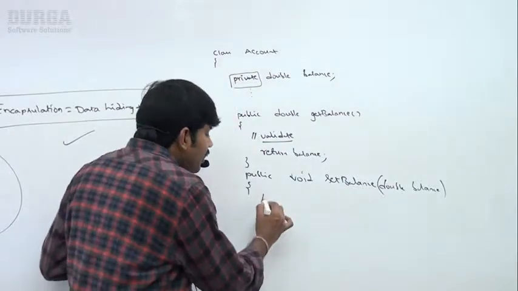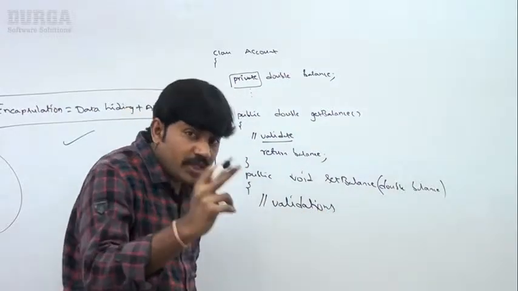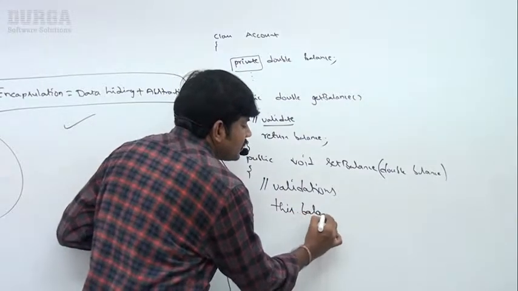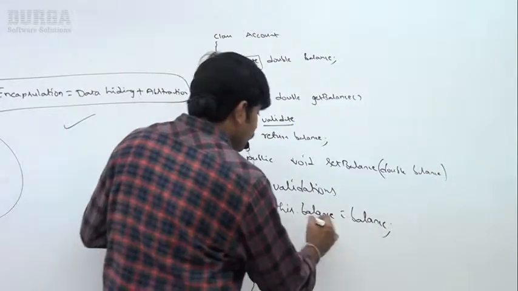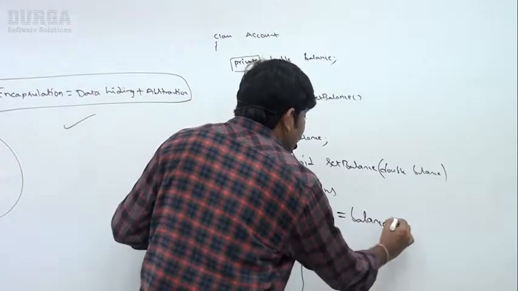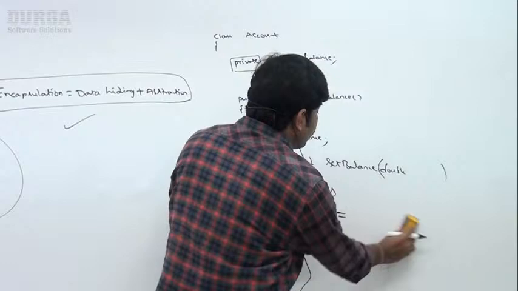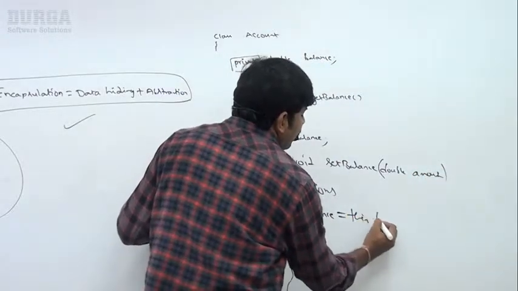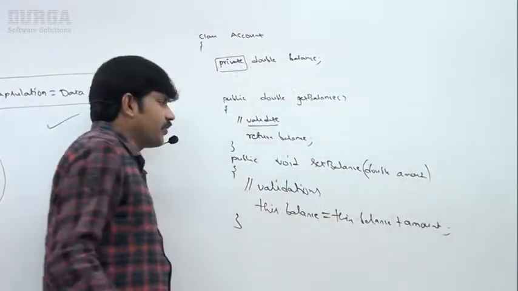Here also you can perform the required validations. If it is a deposit, this.balance is equal to this.balance plus amount, whatever amount we are going to provide. Assume that amount, so current balance plus amount, like this we are going to take.